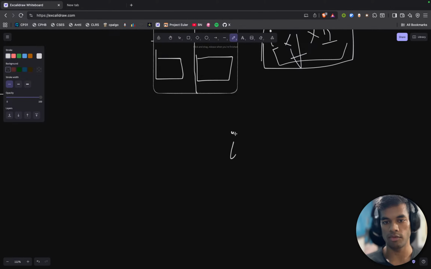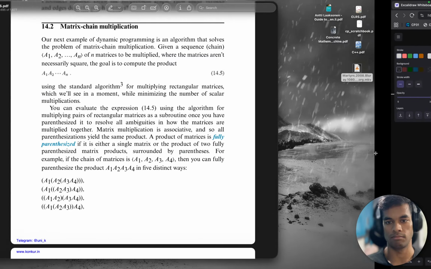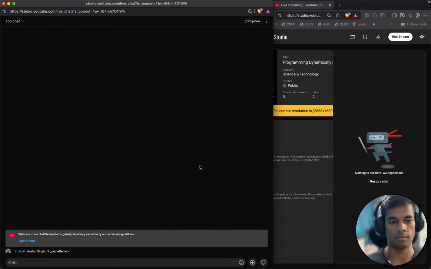So the total number of scalar multiplications is i into j into k for two matrices whose sizes are i by j and j by k, and that is cool.